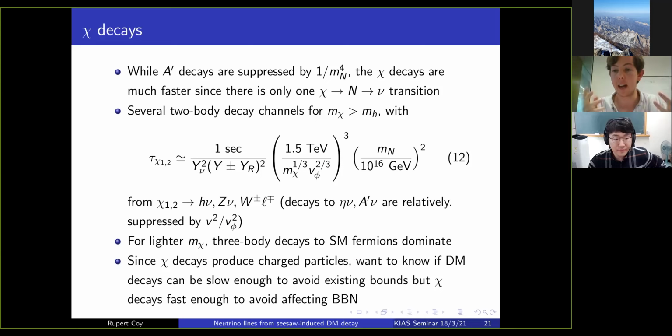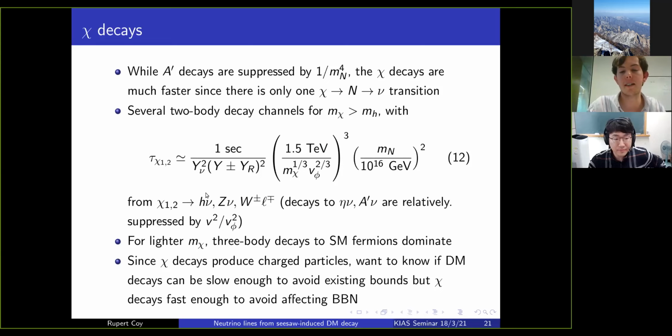If you only have the chi by itself, it can decay in various ways, but this decay necessarily scales as 1 on Mn squared. So it's much faster than the A prime decay. And the width is given in equation 12 here, suggestively around about 1 second. And we see that the lifetime goes as Mn squared.